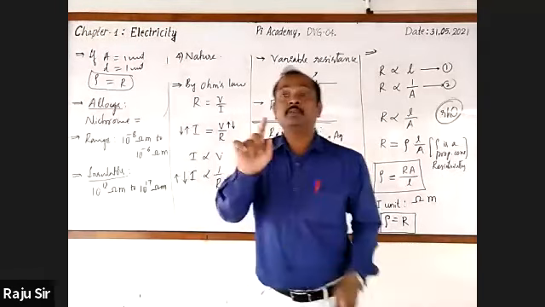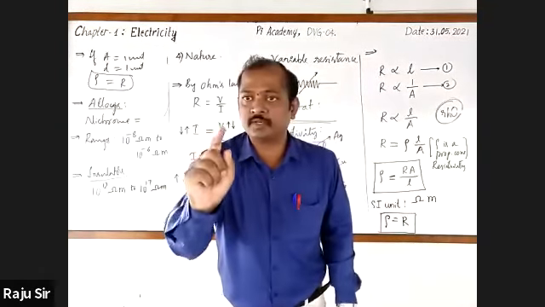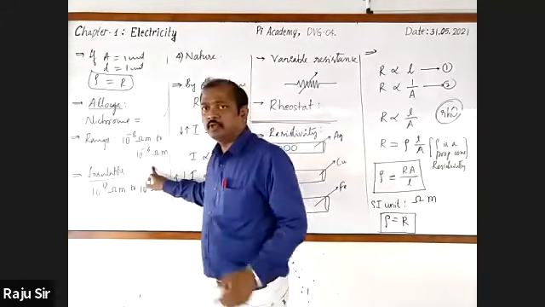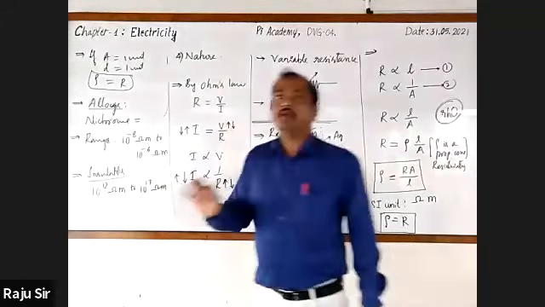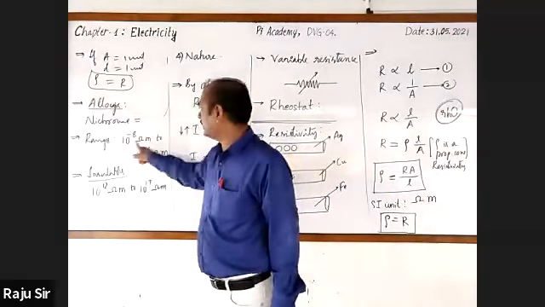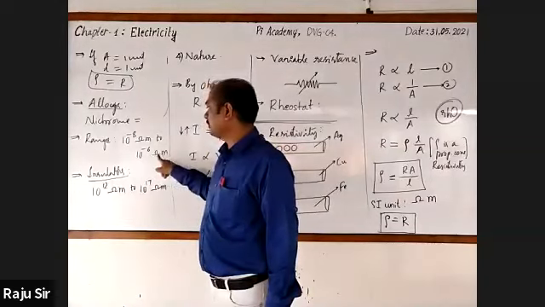Remember this, even this range was asked in the examination as well. Afterwards, I'll make you write. Look at it: the range of resistivity of metals and alloys is 10 raised to the power minus 8 ohm meter to 10 raised to the power minus 6 ohm meter, and the range for insulators is above.